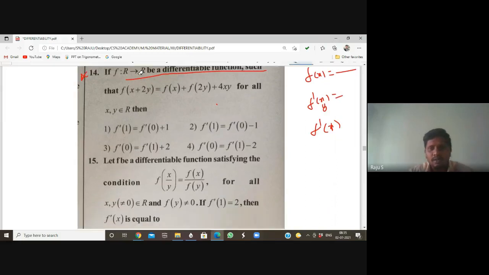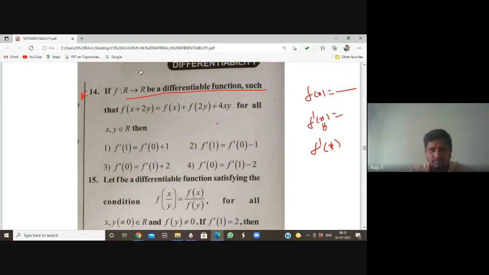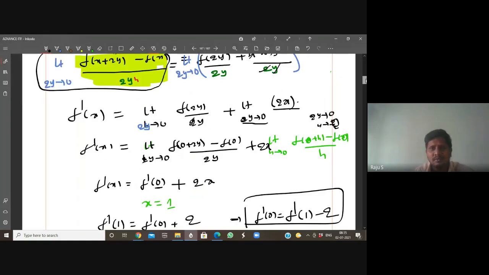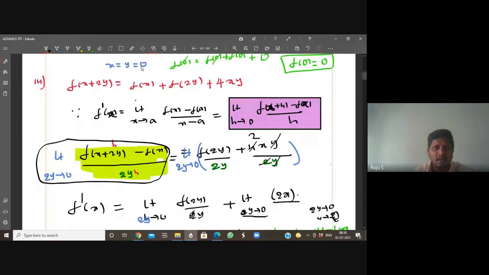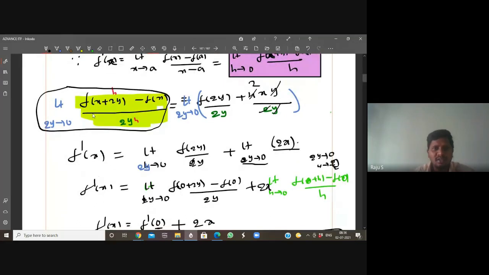If you have doubts, you can ask. Has everyone understood? What I've done: the first step is changing f of x plus 2y into standard form. I'm taking f of x to the left side, then dividing by 2y on both sides. On the left side, I directly take limit 2y tends to 0, it is in the standard formula and can be written as f dash of x.